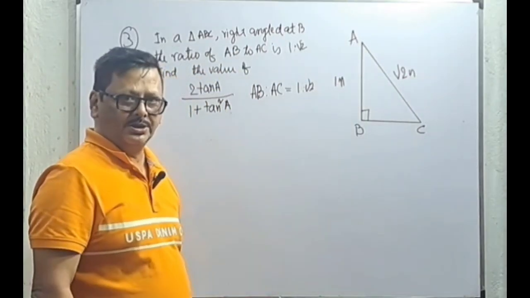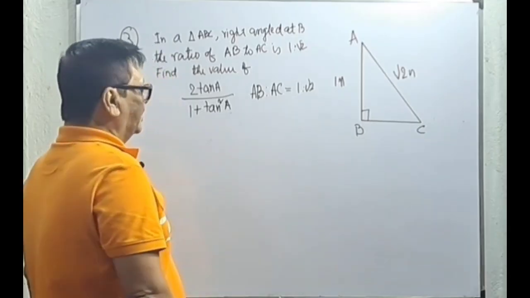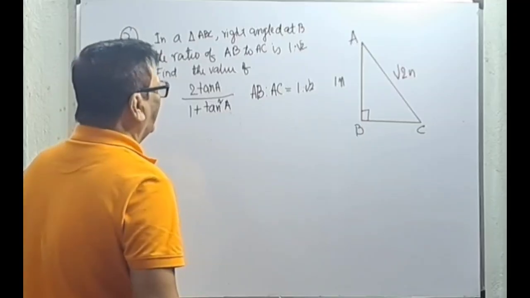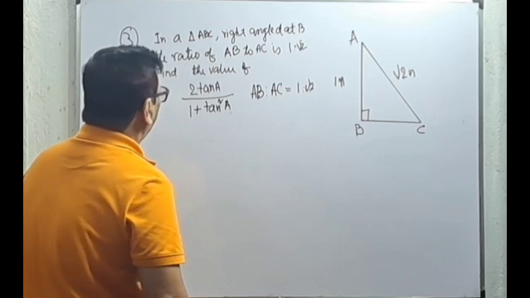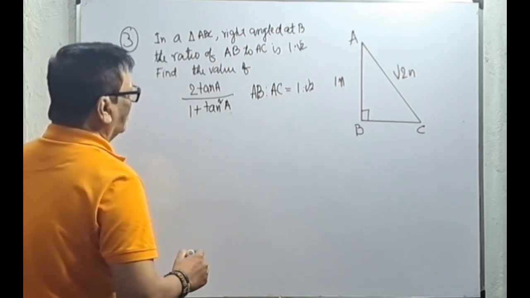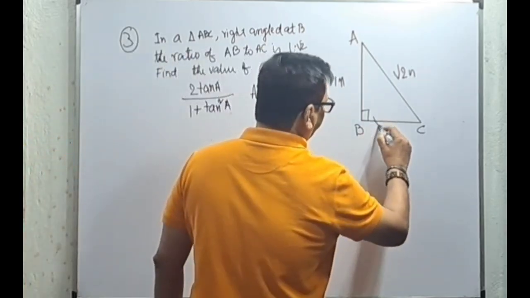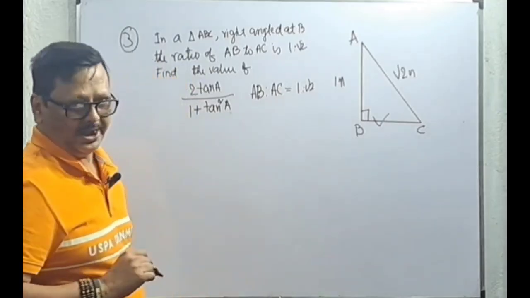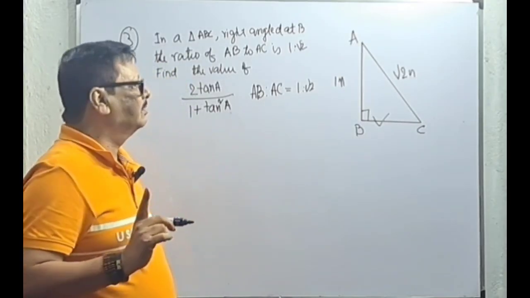The N is because, as I told you previously also, it's a multiplier. Okay. Now, since we need tan square, let us see what we've got. We've got to find out BC because tan is perpendicular by base.